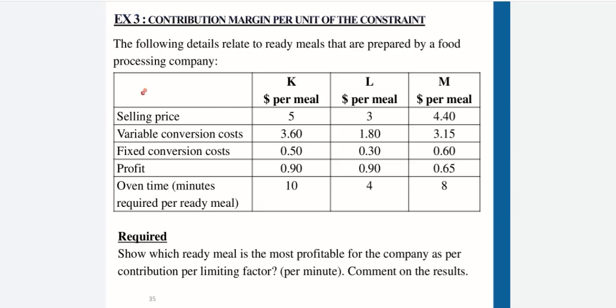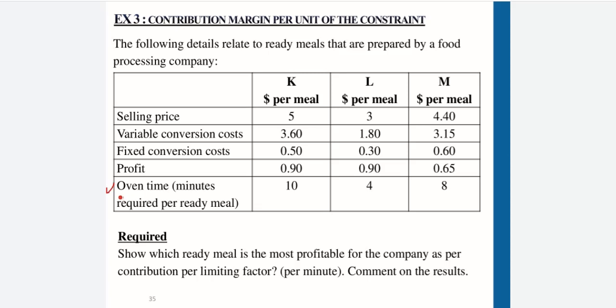A company that makes meals like any restaurant. Ready meals: K, L, M. This is the selling price per meal, the variable conversion cost, the fixed conversion cost, and this is the profit per meal, the net income per meal. Finally, the last information in the table is very important: oven time.